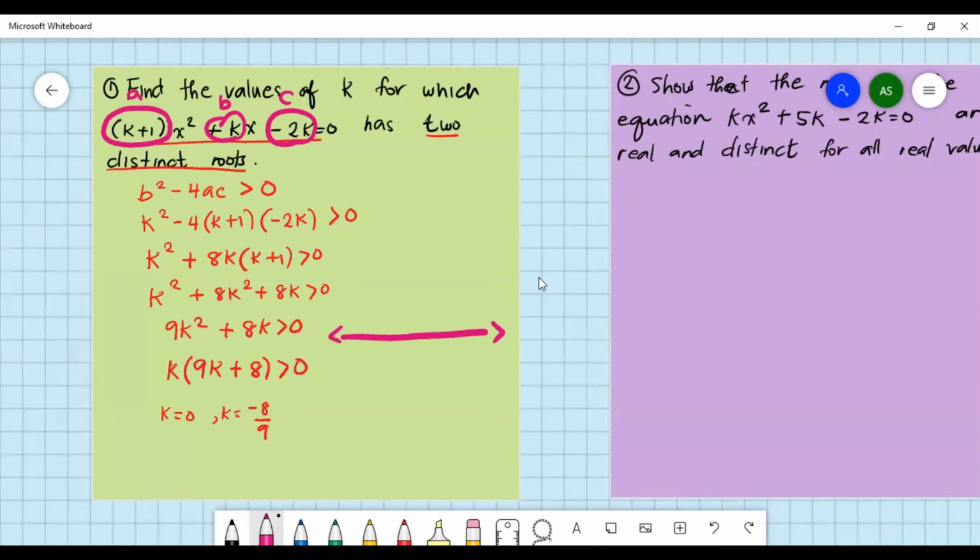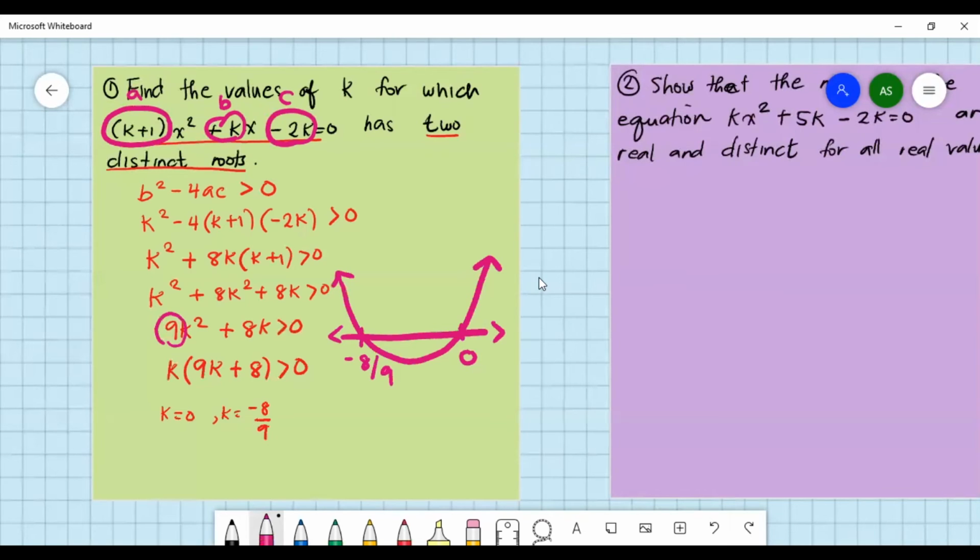Remember, it passes through negative 8 over 9 and 0, because the y value will be 0 for these values of k. Now notice the a is positive, so it is opening upward. So we will graph it opening upward, and it will be like this.